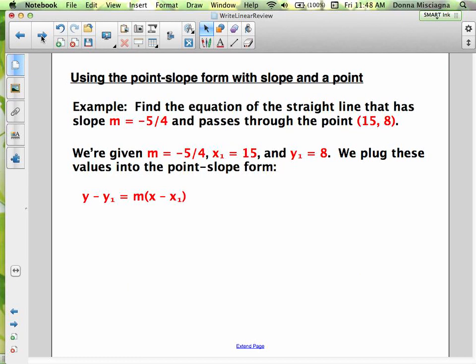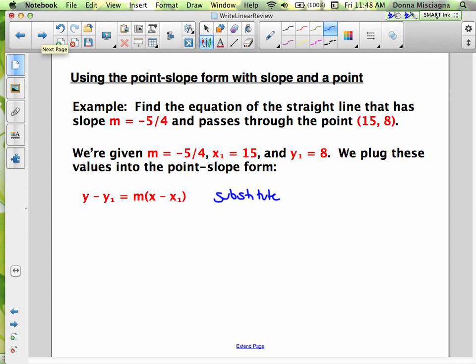All right, so here we want to find the equation of the straight line that has a slope of -5/4, and passes through 15/8. Right, so now our first step is we're going to take our point-slope form and we're going to substitute the -5/4 for m, and the 8 for y1 and 15 for x1.